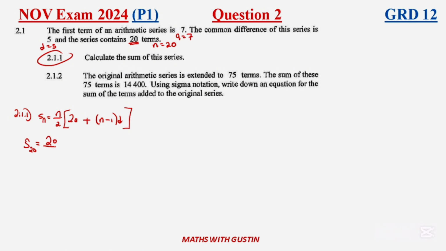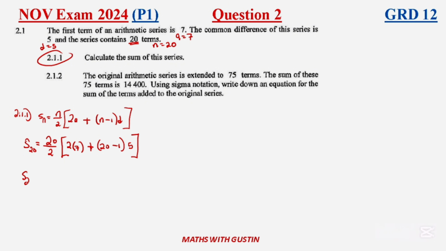S20 is equal to 20 over 2 bracket 2a, a is 7, close, plus, let me just write clearly there, plus 20 minus 1, close bracket, then our common difference is equal to 5, therefore close.